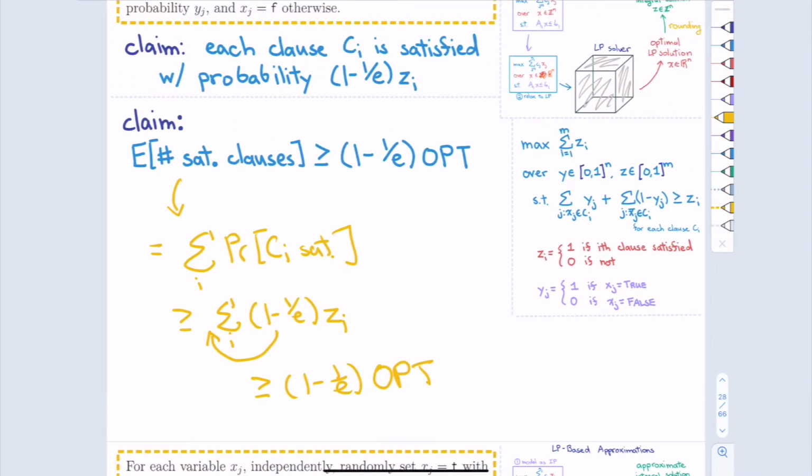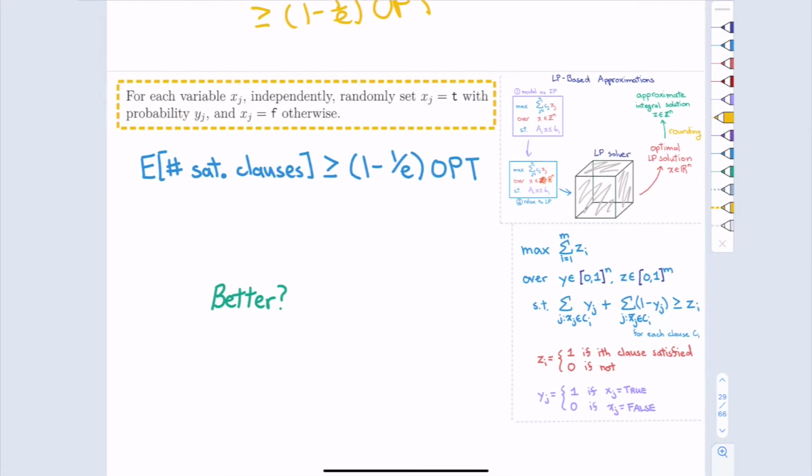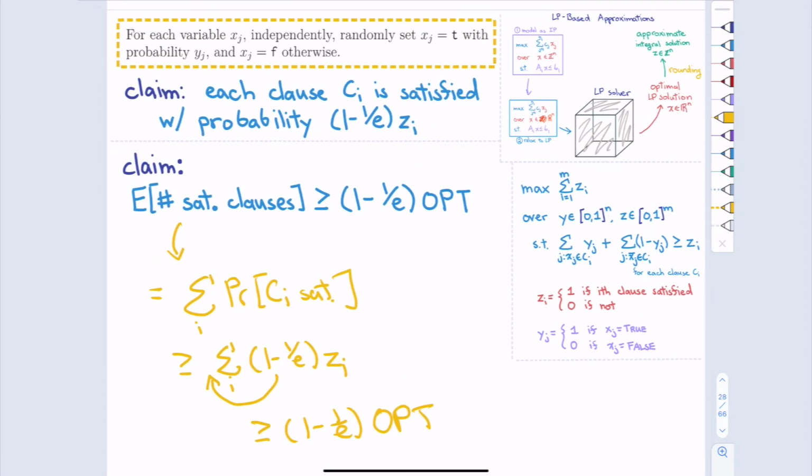So any questions up to that point? That's right. This has nothing to do with the number of variables in every clause. It's also a little bit more magical than our first algorithm where we randomly flipped everything, where we knew exactly why we got 7/8.